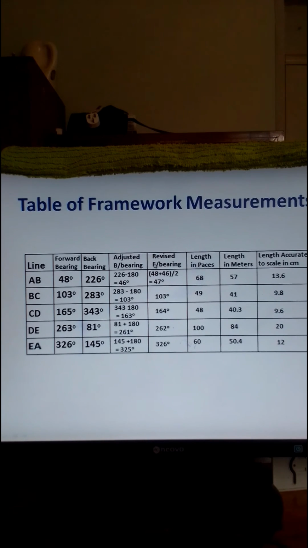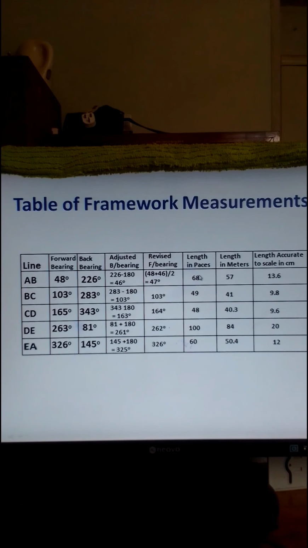Next is the column for the length in paces. So your results, you write here the length of the framework lines in paces. You write here line AB, let's say it is 68 paces, line BC is 49 paces, and so on. The next column is the length of the lines in meters.